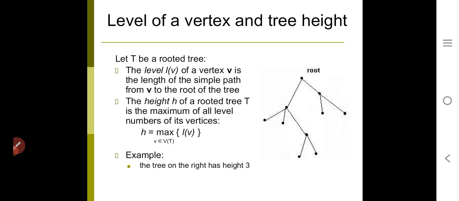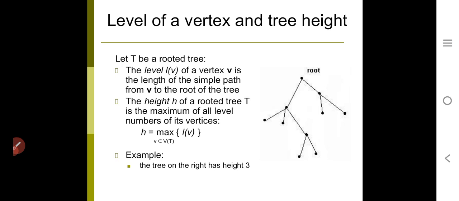Then we find a formula. We denote h as the height and the level of a vertex as L of V. Then the formula is h equals maximum of L of V. So the maximum of the levels of the vertices is the height.